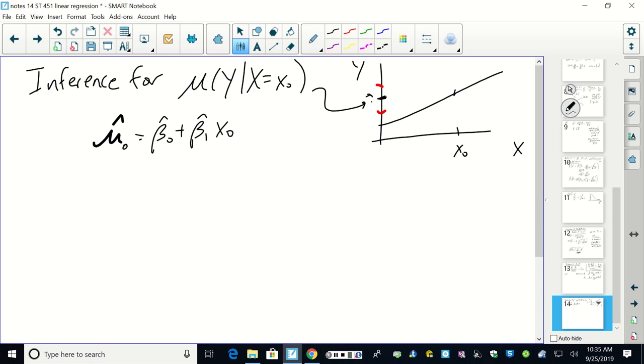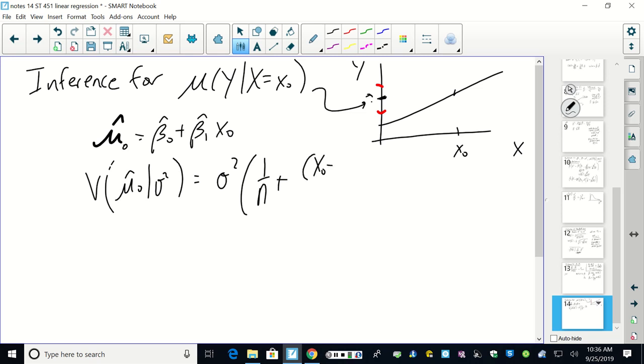The variance of that thing, mu 0 hat, given sigma squared, is sigma squared times 1 over n plus x of 0 minus x bar squared over the sum of the squared deviations in x.